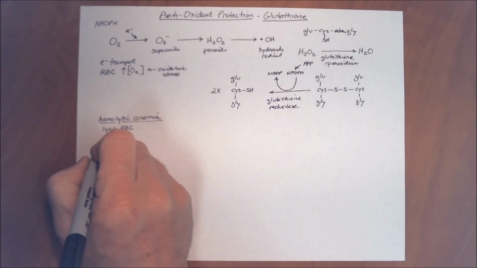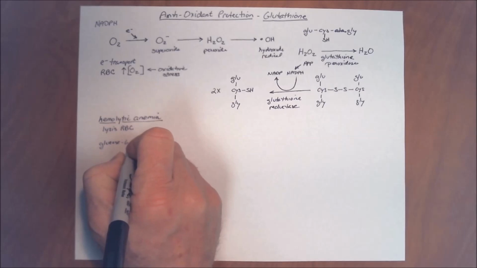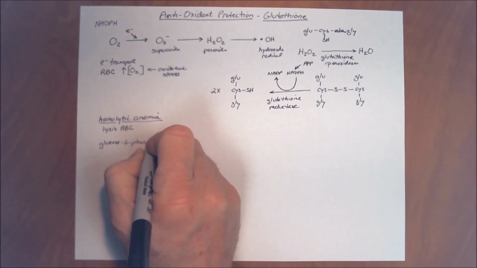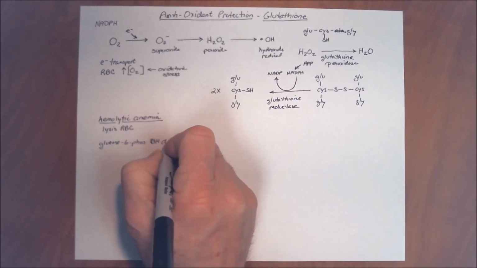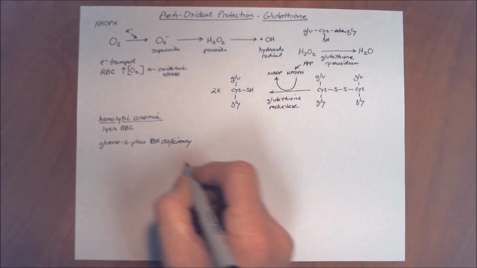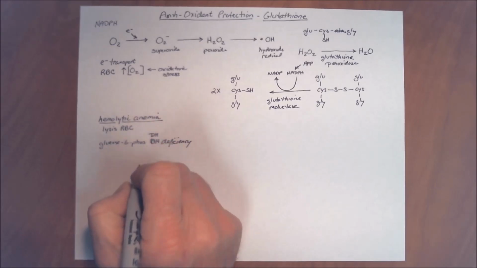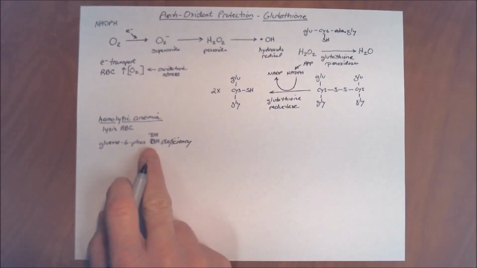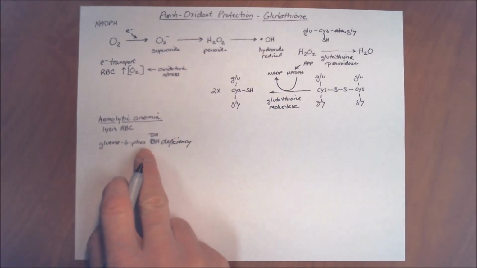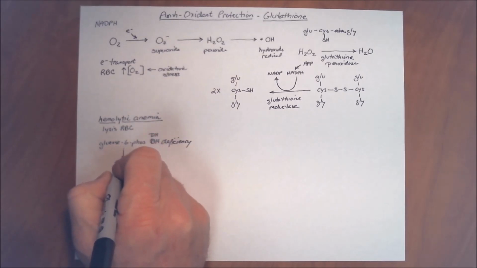Well, individuals that suffer from this will have a glucose 6-phosphate dehydrogenase deficiency, which means that this dehydrogenase enzyme is either very low expression or absent. And recall that this is the entry step into the pentose phosphate pathway.